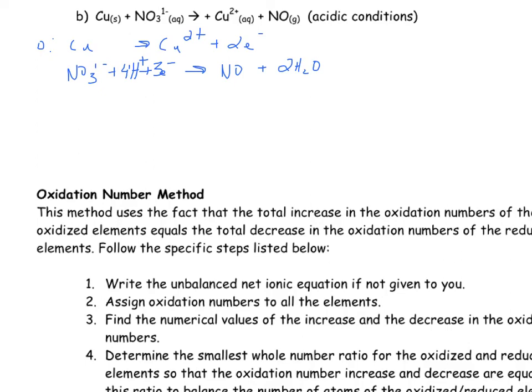That gives me a net charge of 0, both left and right. I have 2 electrons in my oxidation and 3 electrons in my reduction. Therefore, my lowest common multiple is 6. I'm going to take my oxidation half reaction and times it by 3. And my reduction half reaction and times it by 2.